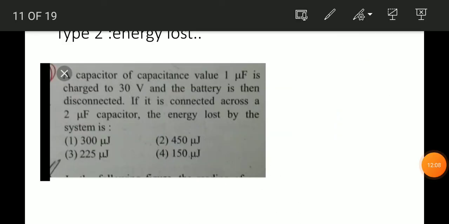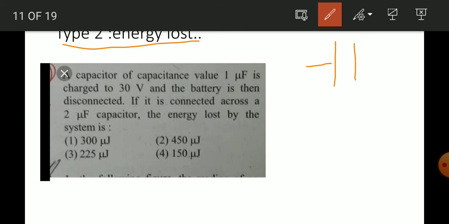Check this one. This is about energy lost. As mentioned here, a capacitor of 1 microfarad is charged up to 30 volt. Suppose that this is 1 microfarad, charged up to 30 volt.